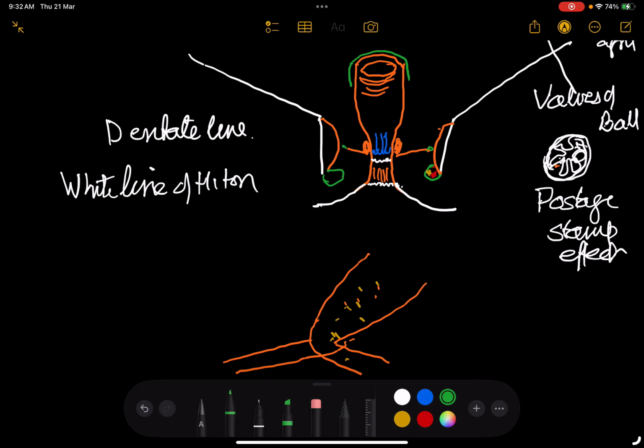And then this fascia rises up and goes like this and meets the anal canal. So the inferior rectal artery actually passes like this and supplies the anal canal.